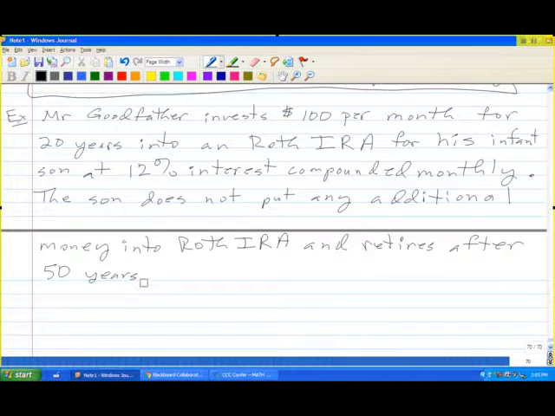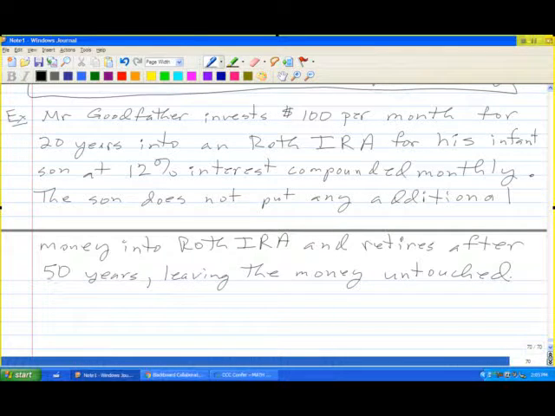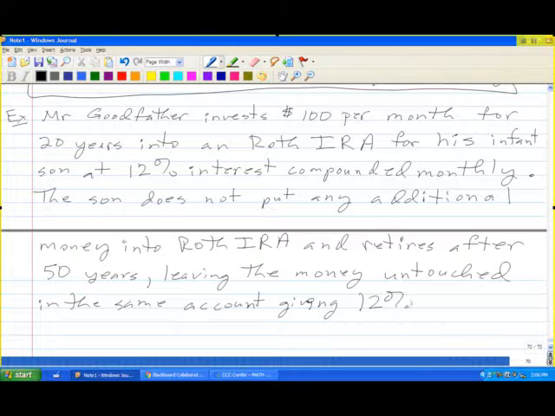In 50 years, leaving the investment in the same account, the money untouched, in the same account, giving 12% interest compounded monthly.